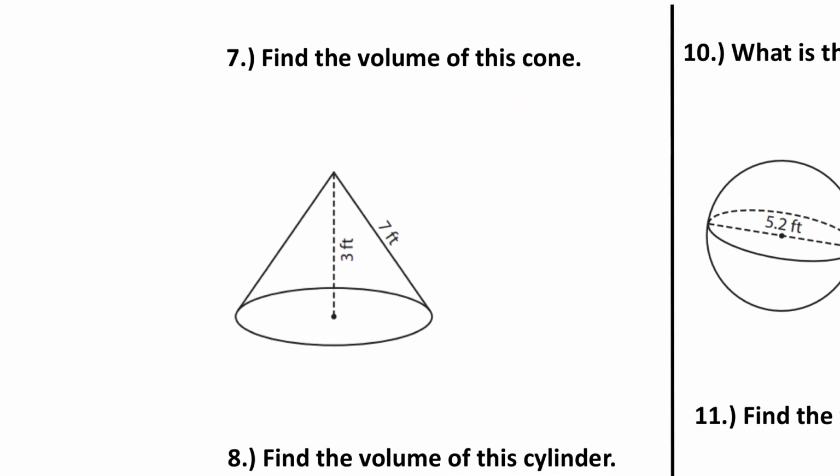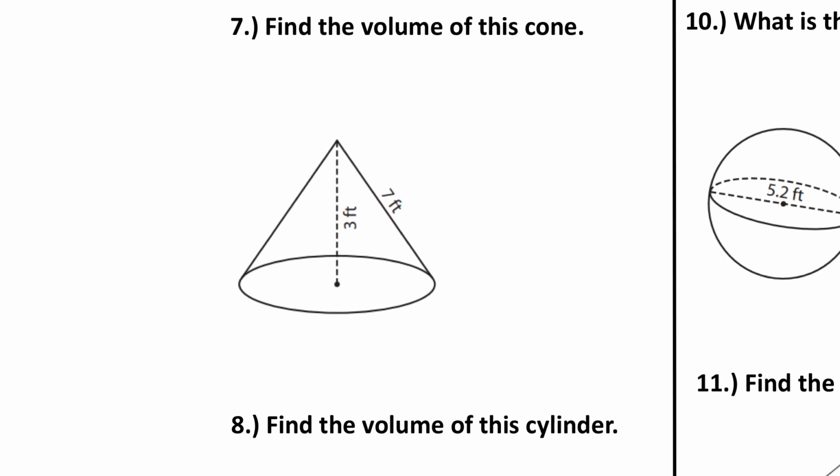Let's look at number 7. Sorry. So number 7, we're looking for the volume of this cone. How do you find volume of a cone? Pi r squared times h divided by 3. Okay, do I know the length of the radius right now of this cone?